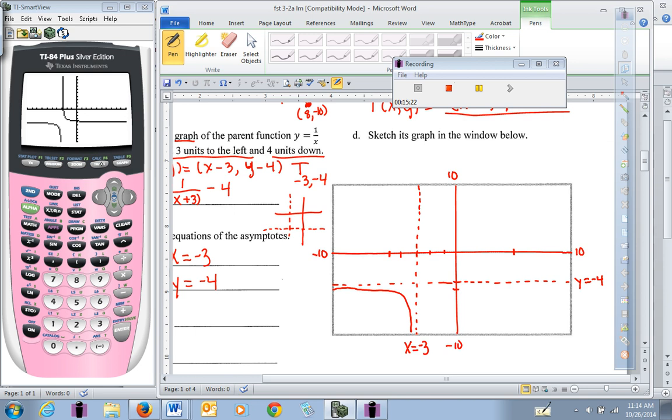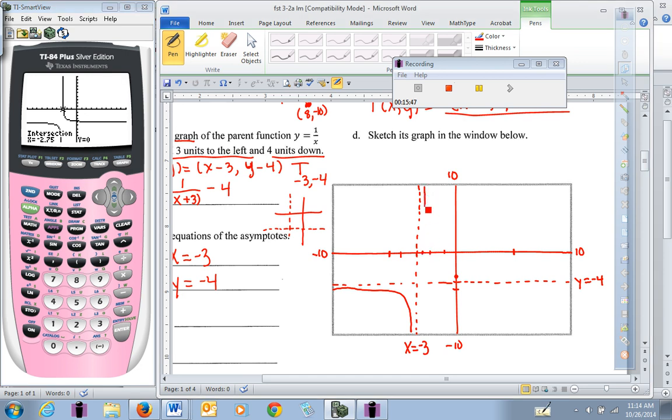Now we might want to check. This goes through 0, negative 3 and 2/3 down here. And then we might also want to see where our x-intercept is. I happen to have a line at y equals 0 here, so I'll just move my graph over in this neighborhood and trace that point, so I can get it accurately. It's negative 2.75, isn't it?